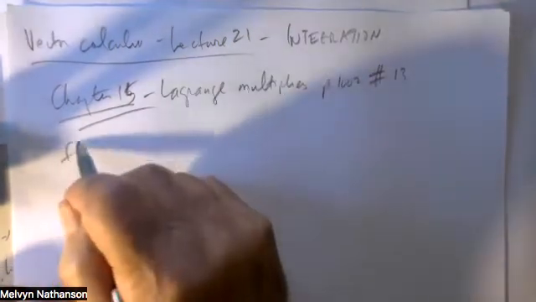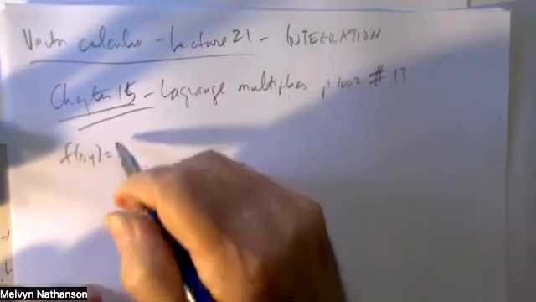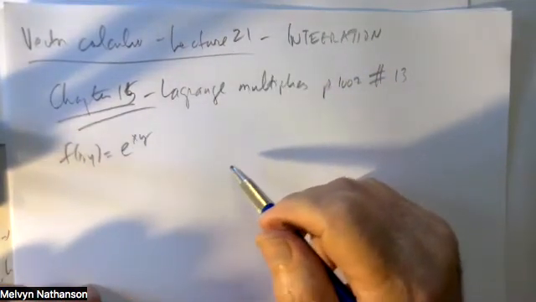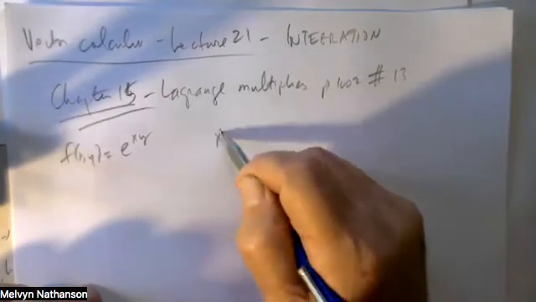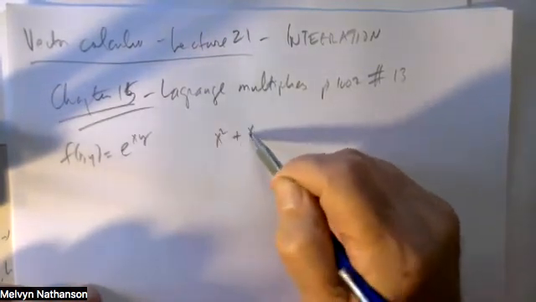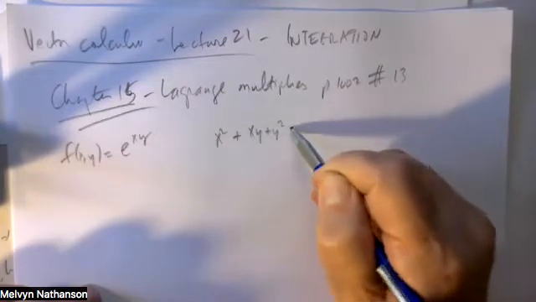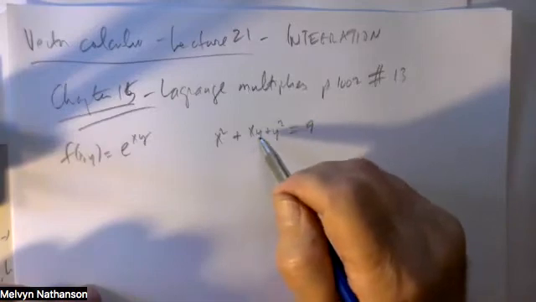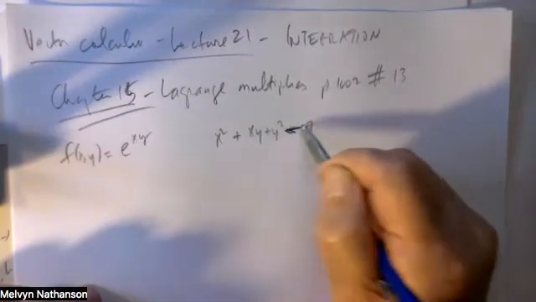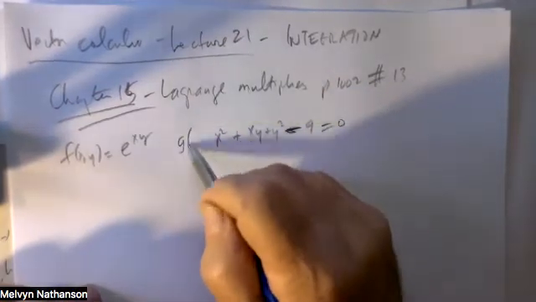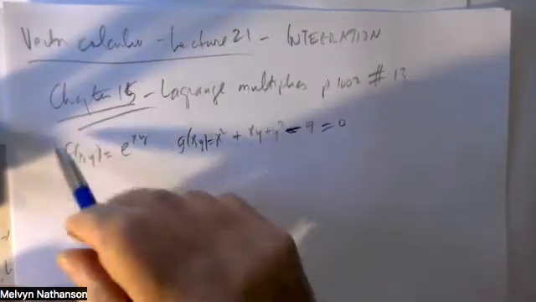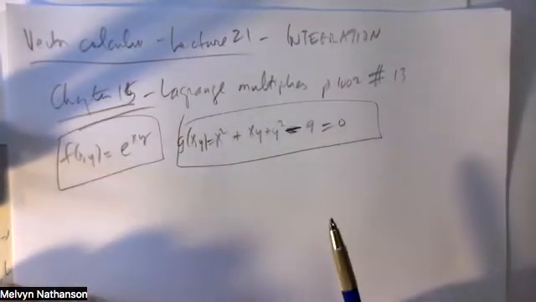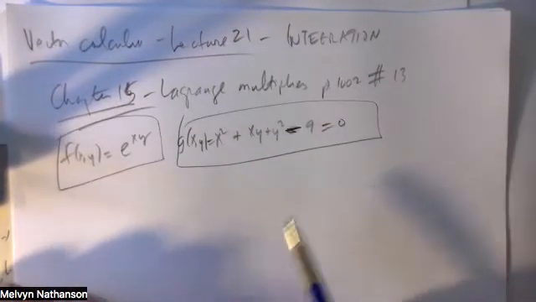We have a function f of x, y equals e to the xy, and a constraint x squared plus xy plus y squared equals 9, which is the same as x squared plus xy plus y squared minus 9 equals 0. So we want to maximize this function subject to the constraint that g of x, y is equal to 0.